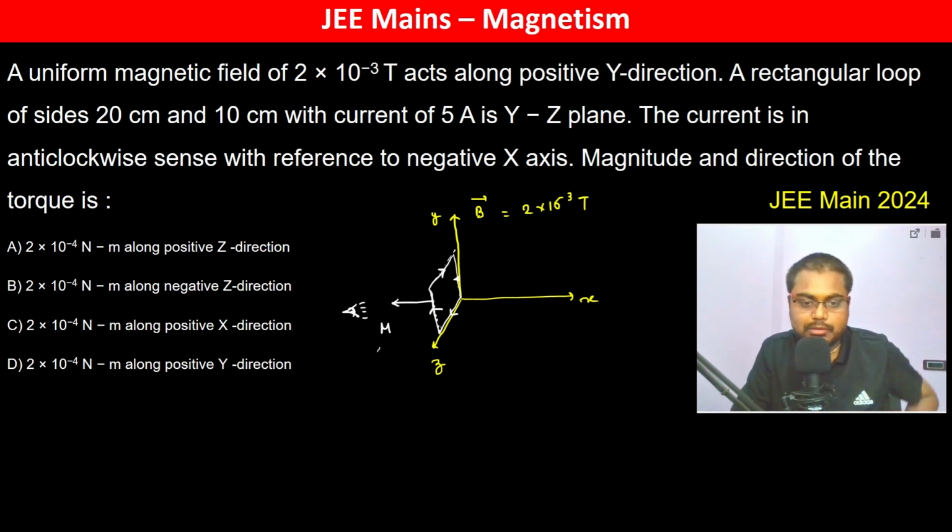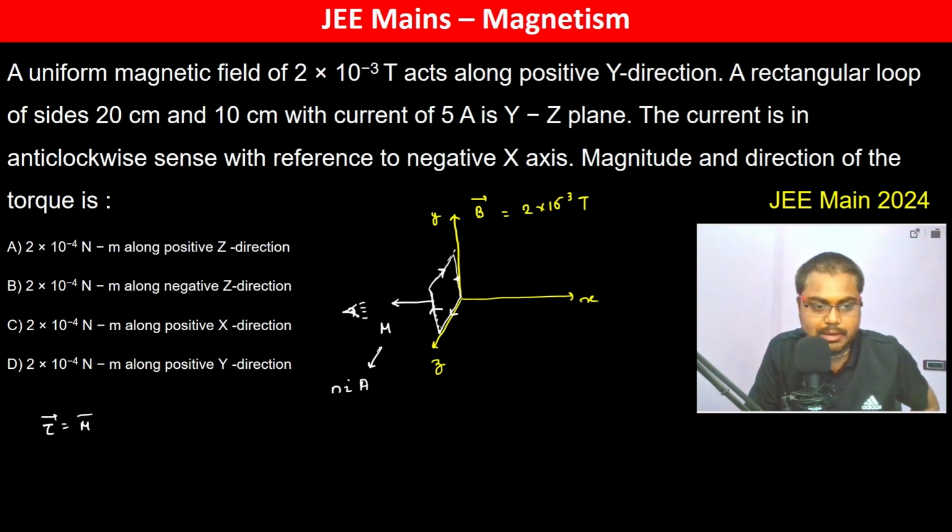Now what is this magnetic moment going to be? N I into A. The magnitude and the direction of the torque is going to be simple. Torque is equal to M cross B, which is N I A cross B. Now N is 1, current is 5 ampere, and area is 200 centimeters square.